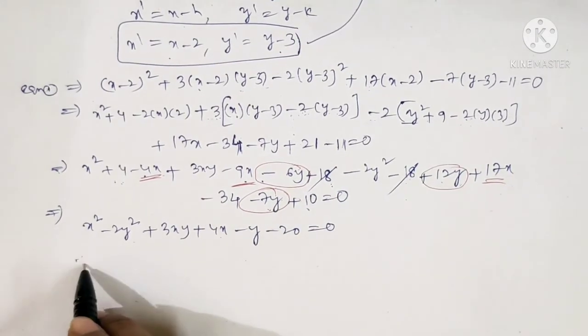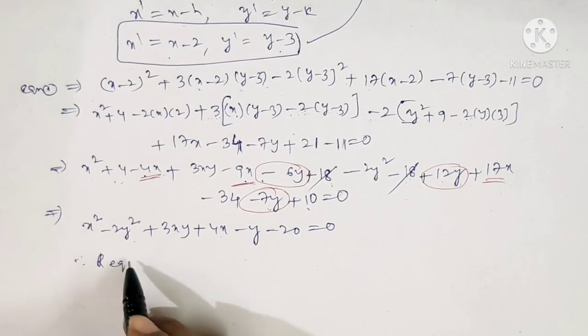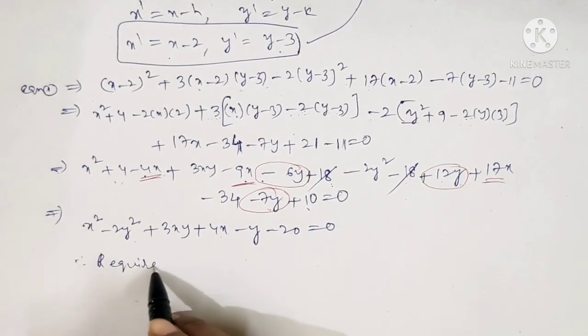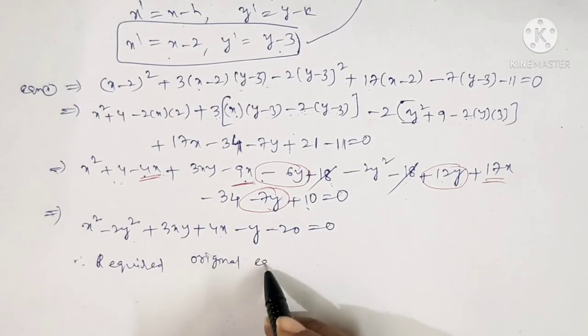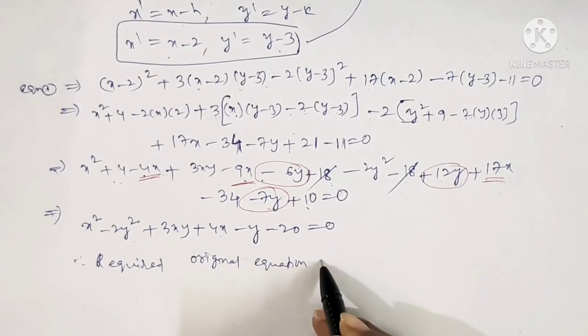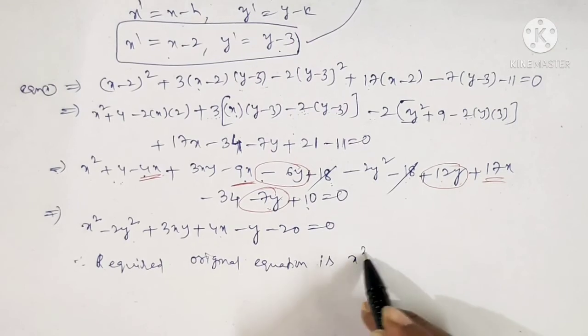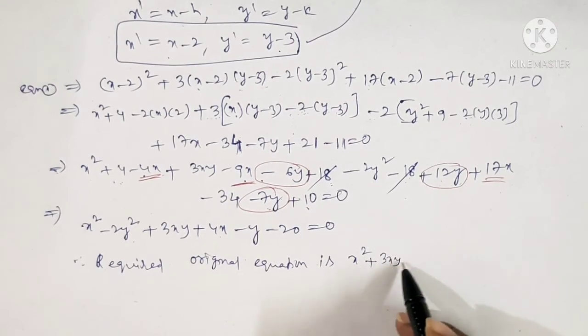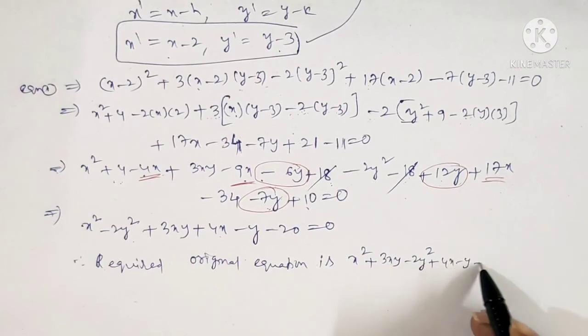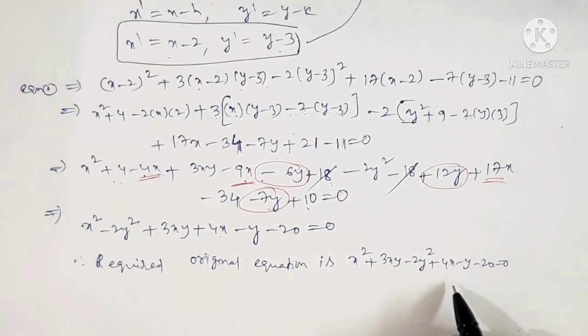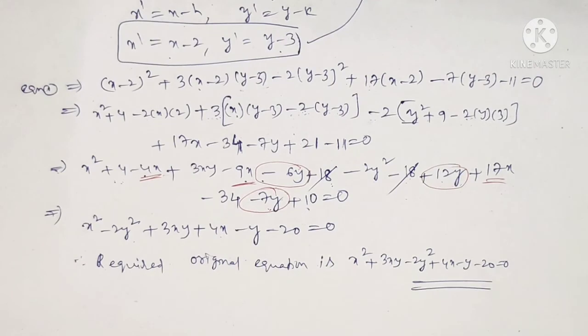So this is the required original equation: x square plus 3xy minus 2y square plus 4x minus y minus 20 is equal to 0.